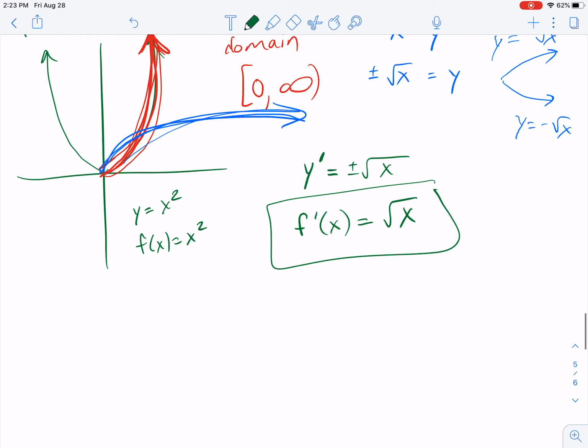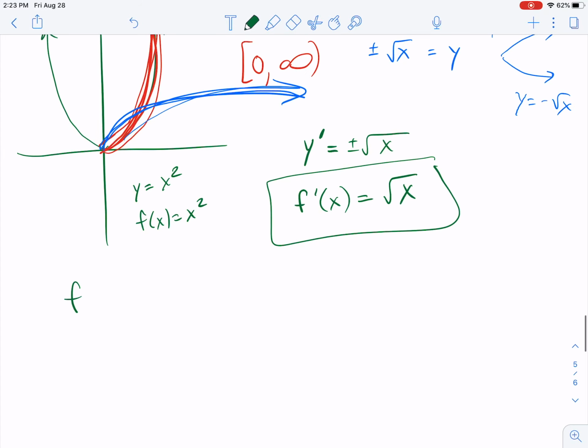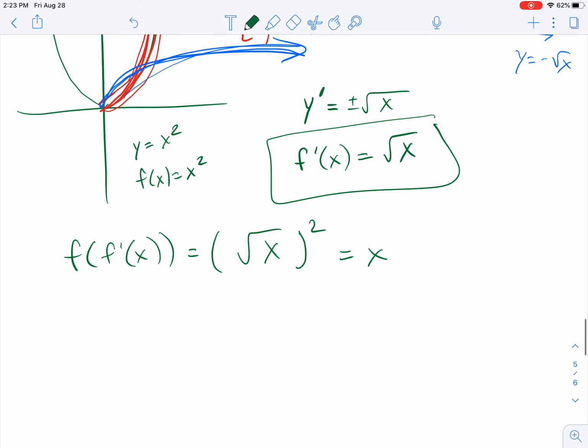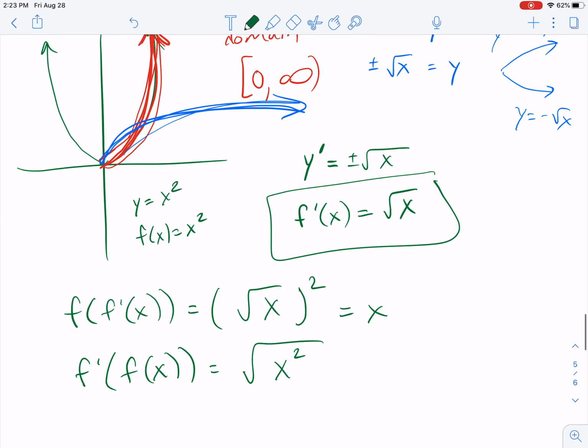The other part was that the inverse of f of x would be saying something squared. What's the something? The square root of x. The square root of x squared is just giving us x. Or I could say the inverse of f of x would mean take the square root, what goes inside f, which is x squared, which gives me also x. And this, ladies and gentlemen, is that algebraic proof that those are inverse functions.